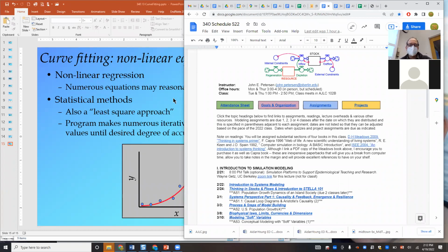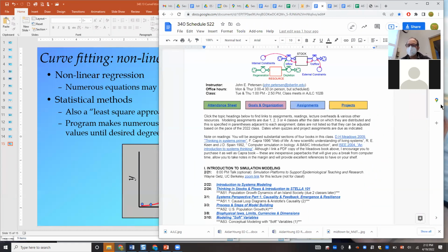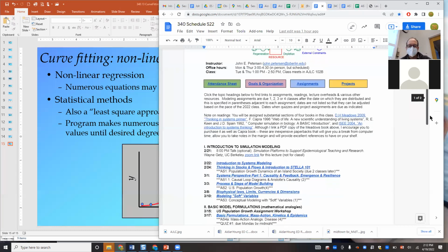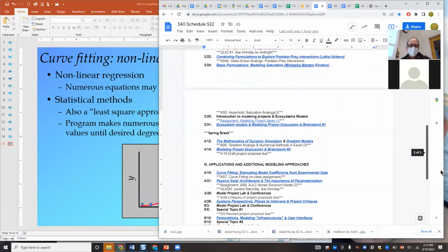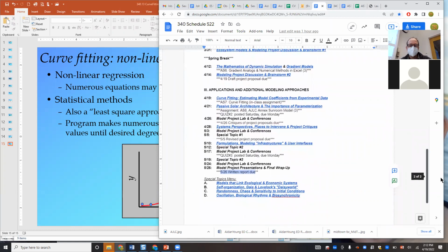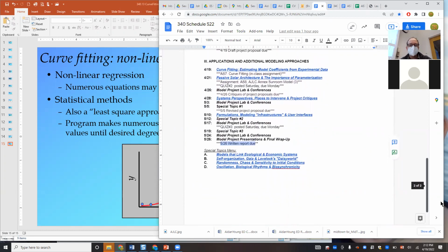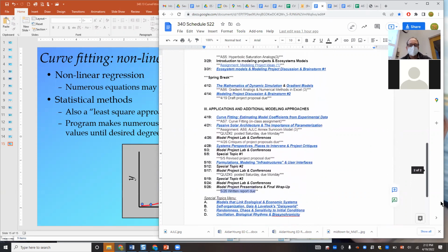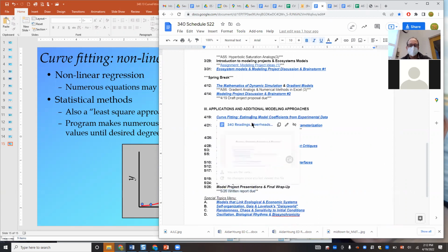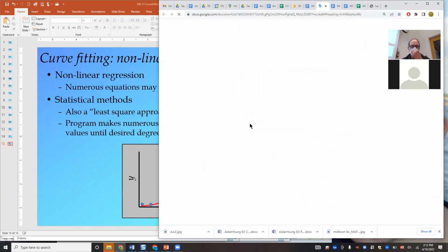So if you go to the syllabus for the class and click on today's class, and click on curve fitting estimates, there are a couple of files here that I want you to open.